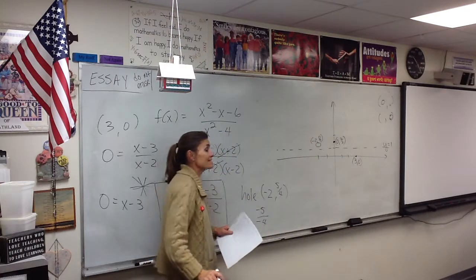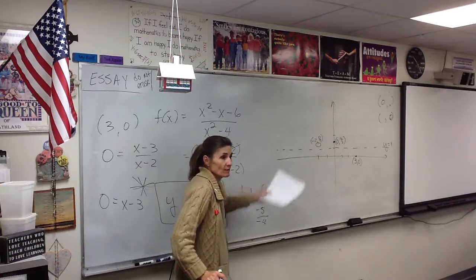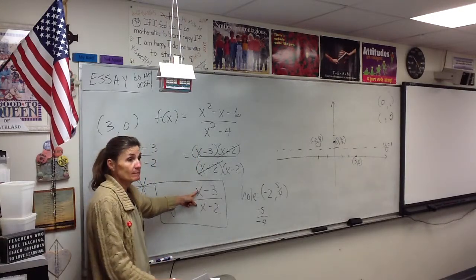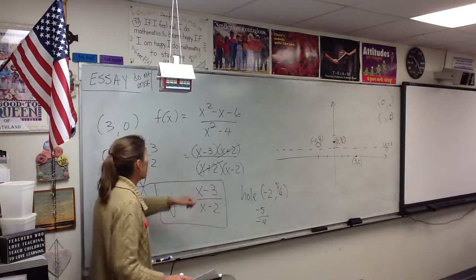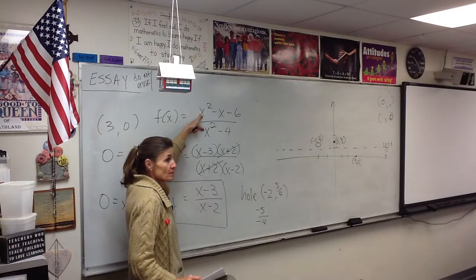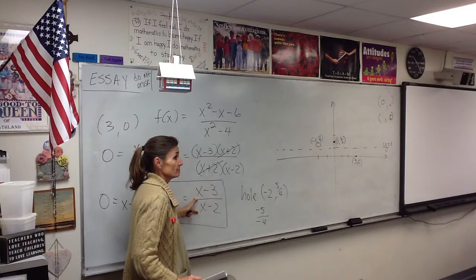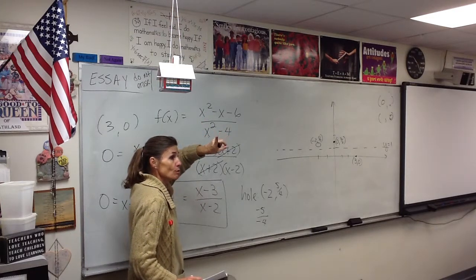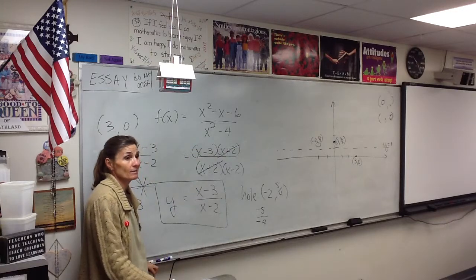That is your horizontal. Look at it. It's horizontal. X over x, or x squared over x squared, it doesn't make any difference. Either way, it reduces to 1. That's your horizontal.